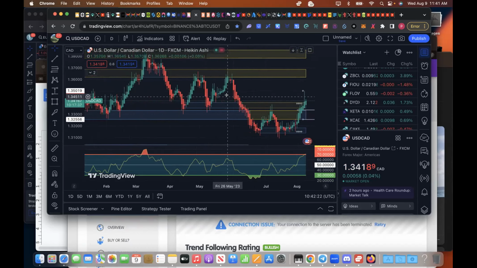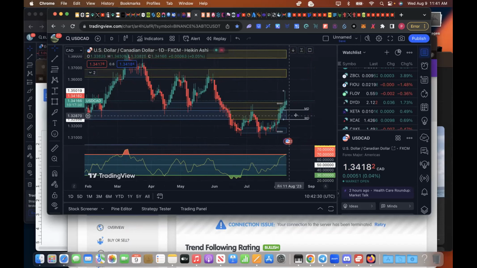So you can see why you always have to go back. It may continue, but this is a form of resistance for this pair, but it's proving that it wants to take one leg up. This is what may happen. We could pull down here and create a very nice support and bounce up.